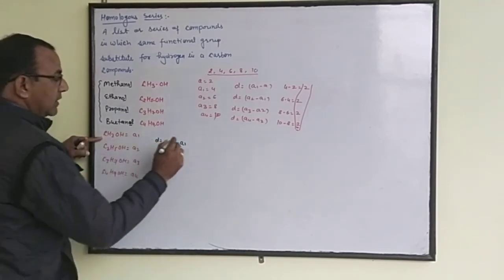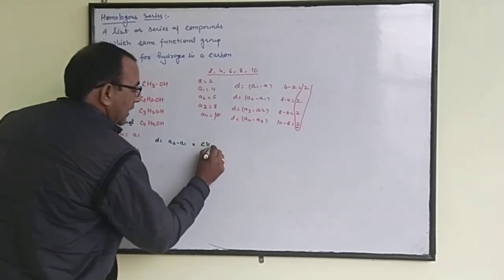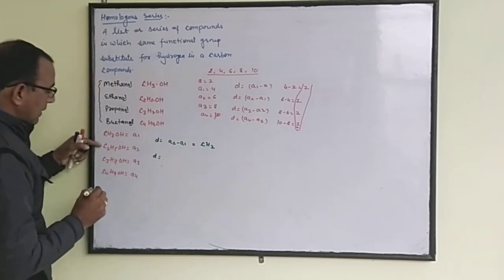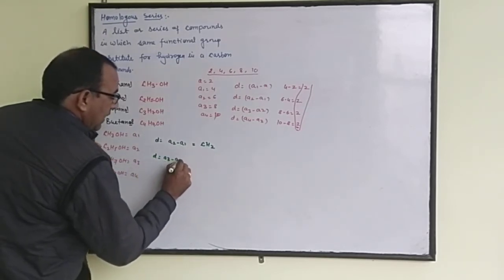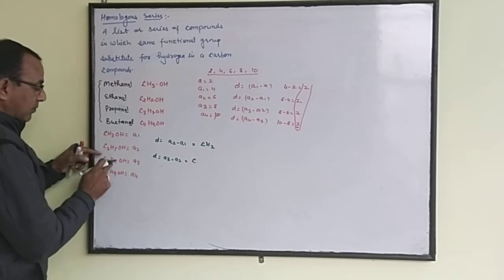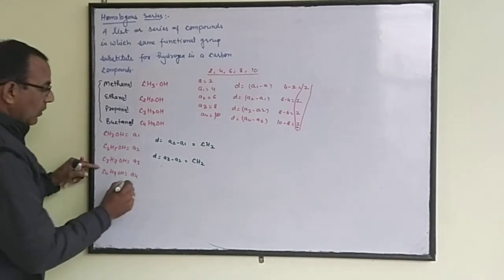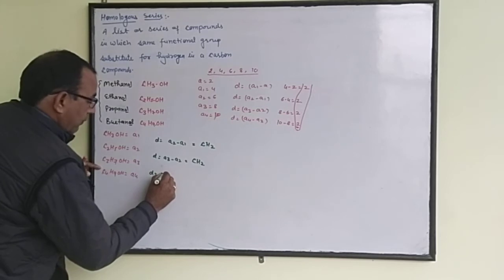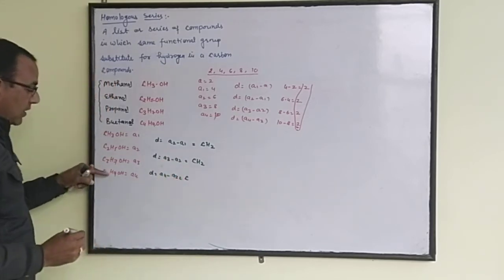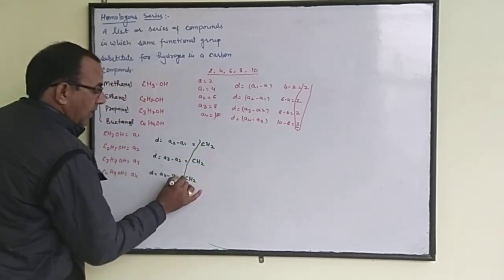C2 minus C1 is 1 C, and H5 minus H3 is H2, so we get CH2, with OH cancelled by OH. In the same way, A3 minus A2: C3 minus C2, and H7 minus H5, also gives CH2. And A4 minus A3: C4 minus C3, and H9 minus H7, gives CH2. They have the same common difference.